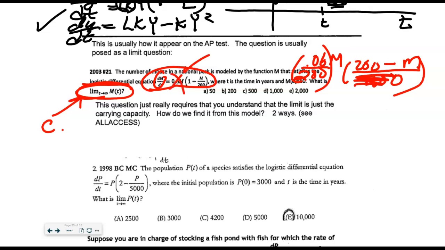Well, that can't. So 1 minus M over 200 has to equal 0. What is the carrying capacity? What would make that equal to 0? 200. Done. What's the population when the moose are growing the fastest? 100, Ellie. Yeah. See how it can be easy because you were paying attention so much you get the models?